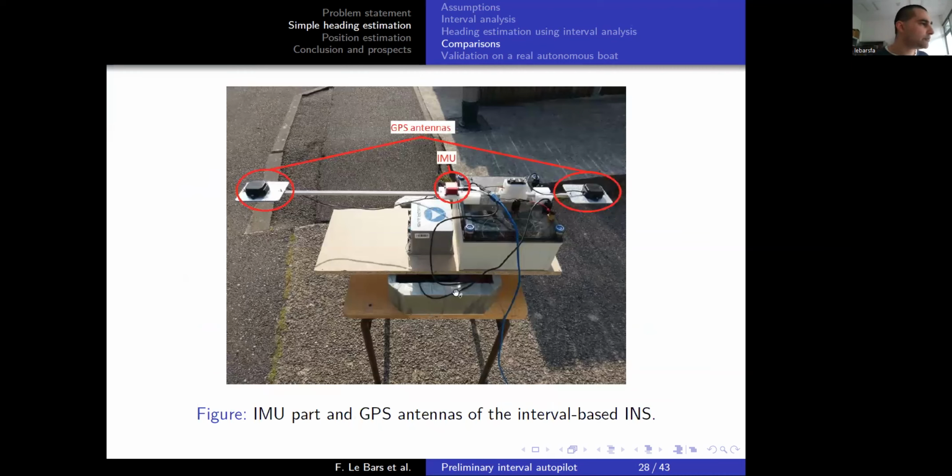So this is a picture of our own system. You have the two GPS antennas, and our magnetometers were inside this, and the embedded computer was somewhere in this box. You see in the middle another type of expensive inertial navigation system. I do not talk about what we did with this system.